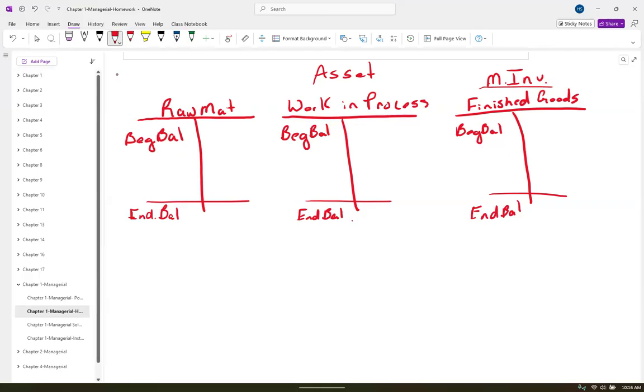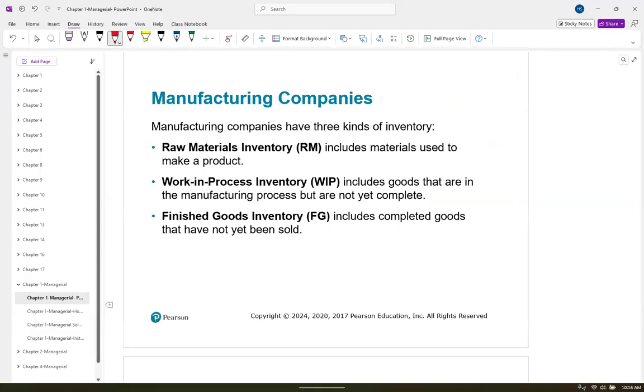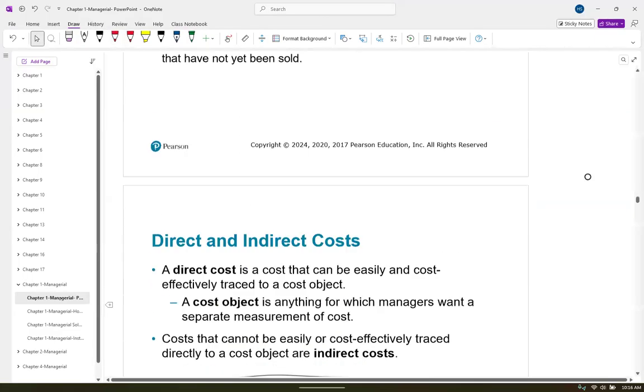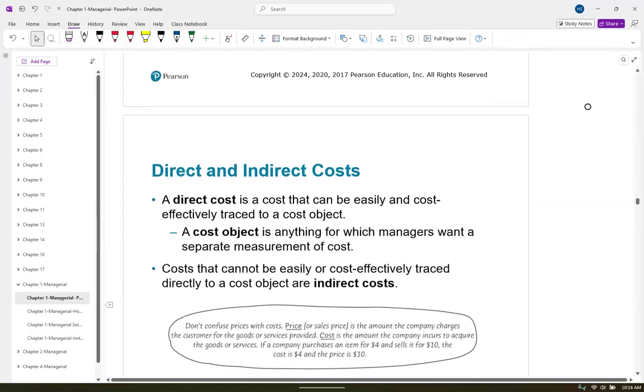We have stuff that's going to move in and out, but I just want to show you those three T accounts. Those are all assets. Now we're going to talk about direct and indirect cost. A direct cost, you can easily identify to that object. You open up a bag of Lay's potato chips, you can see there was a potato at one point that made that chip.